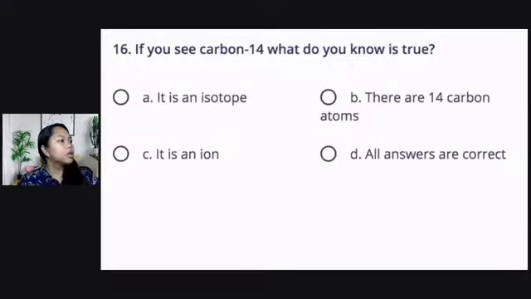Okay, karamihang sagot ninyo ay letter D. Aba, nung nakakita ng all answers are correct, yun na yung pinili ninyo. Okay, nag-play safe kayo. All answers are correct.